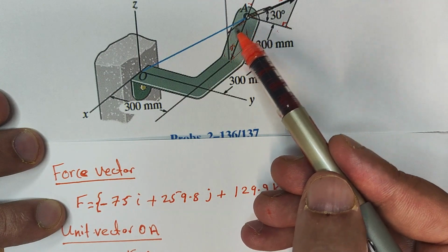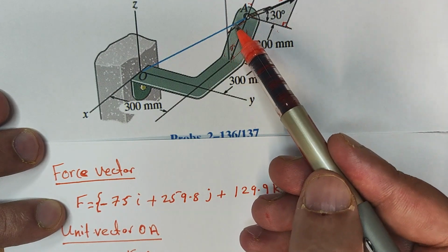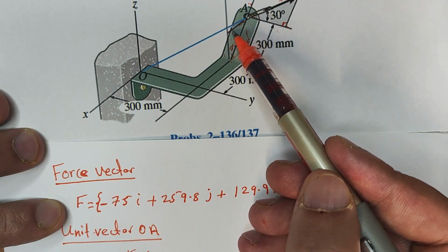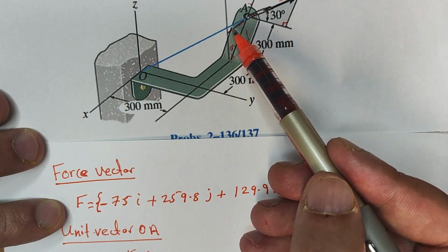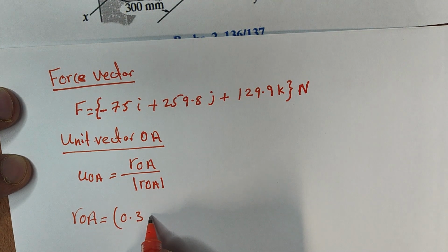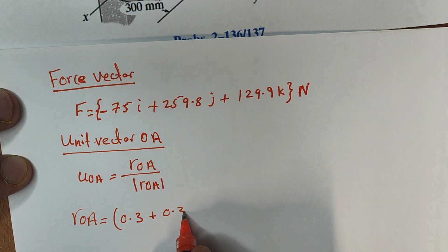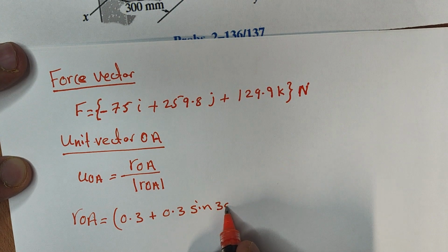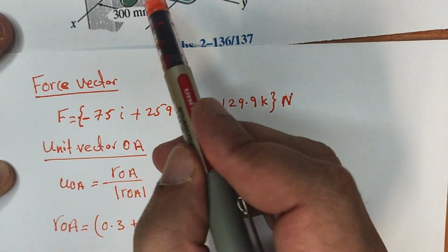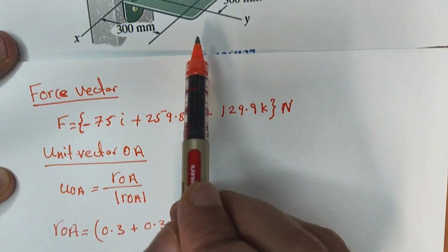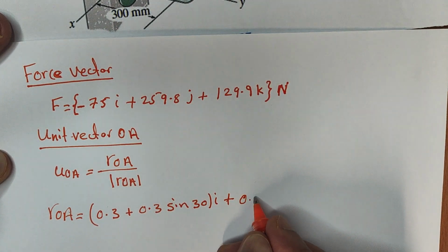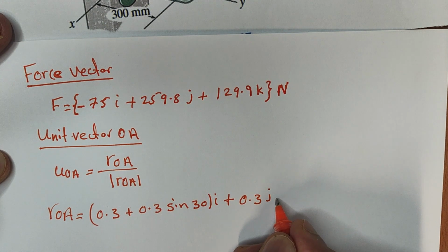We can find it through sine theta. It's opposite divided by the hypotenuse, so the i component is 0.3 plus 0.3 sine 30. For the j, we move 300 millimeter on the y axis, which is 0.3 plus 0.3.